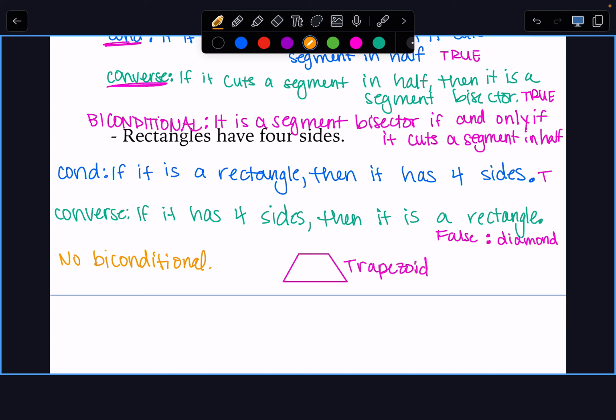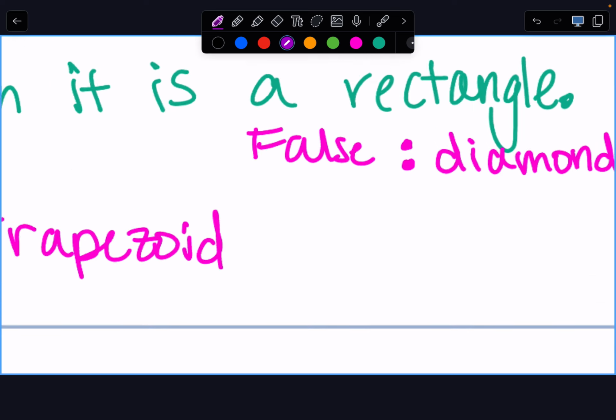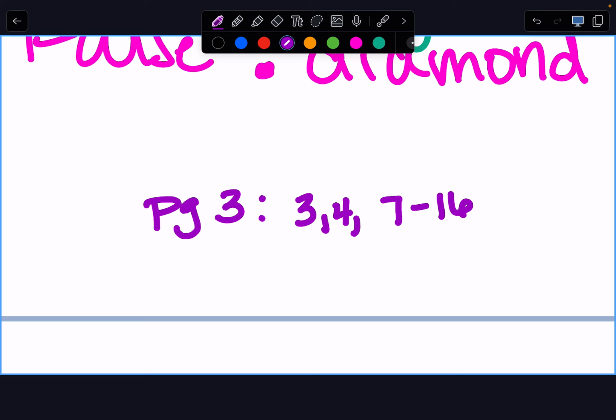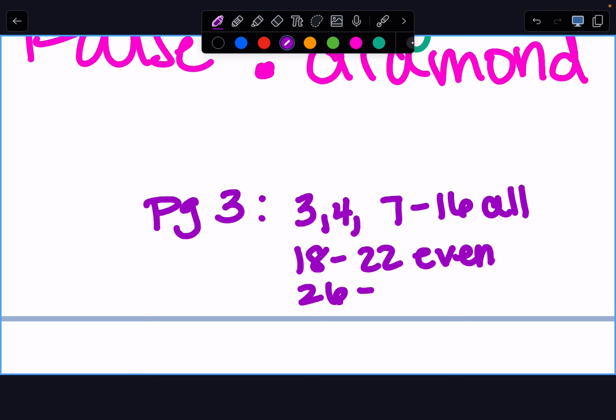On page 3 of your packet, it looks like a copy from a textbook. You are going to do numbers 3, 4, 7 through 16, 18 to 22, but just the evens, and 26 to 28.